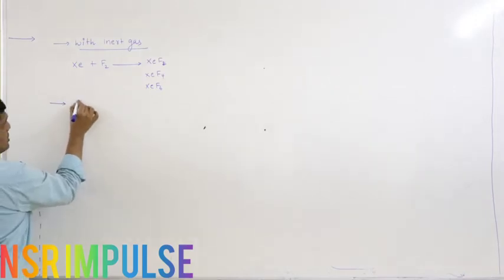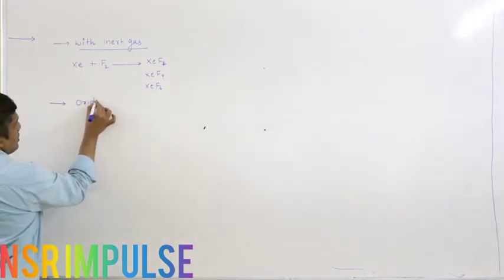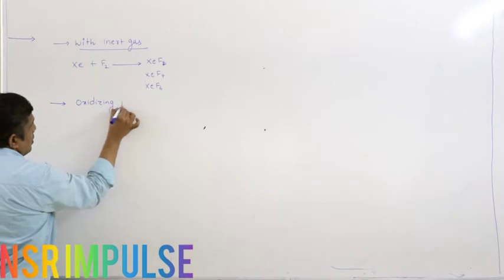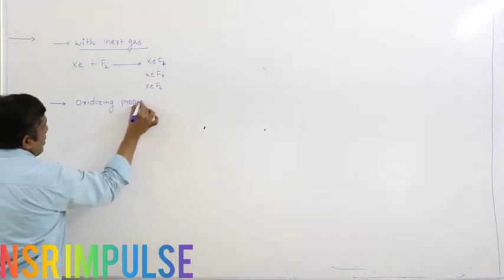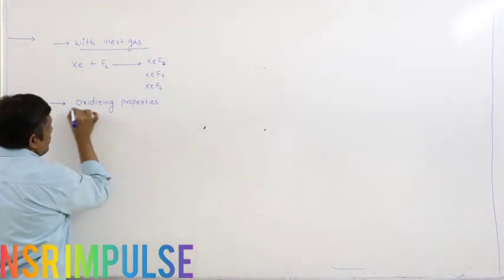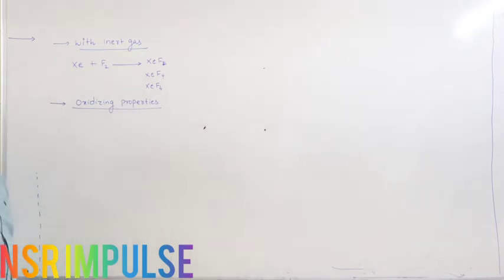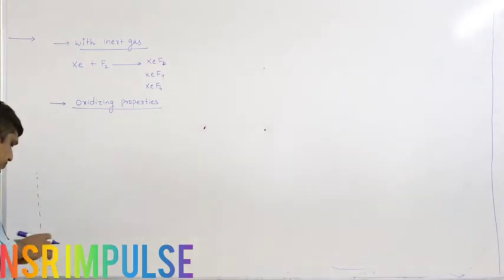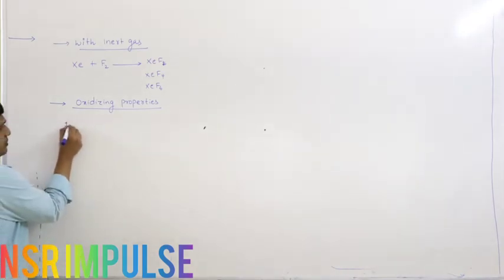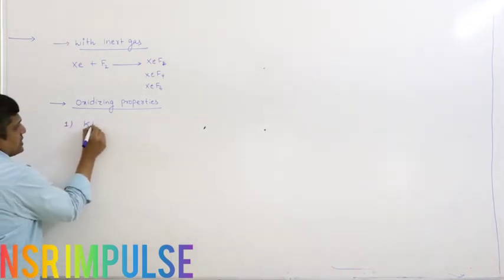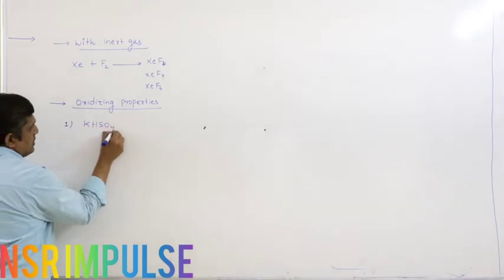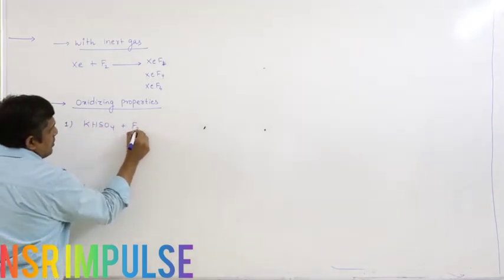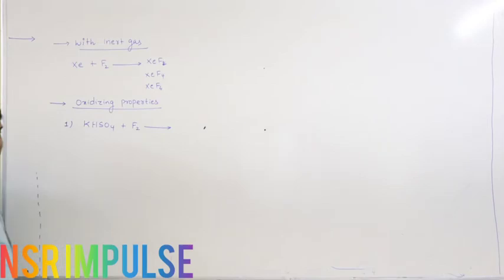Next, oxidizing properties. Oxidizing properties of fluorine. So here fluorine is allowed to react with some compounds. Let us see the first one. Potassium bisulfate plus F2. Here fluorine acts as oxidizing agent. It itself will undergo reduction, right?